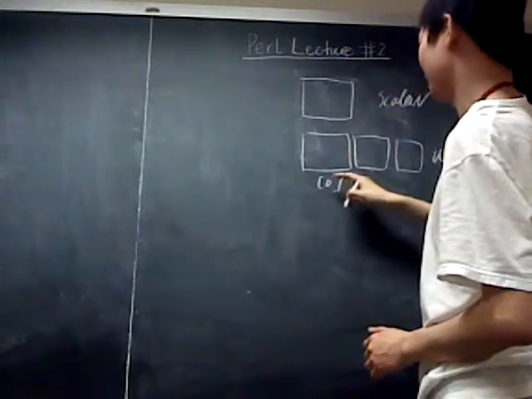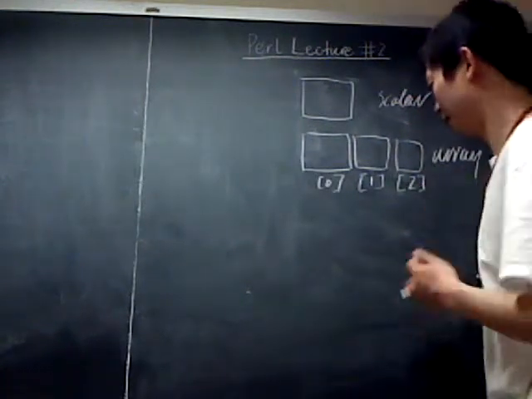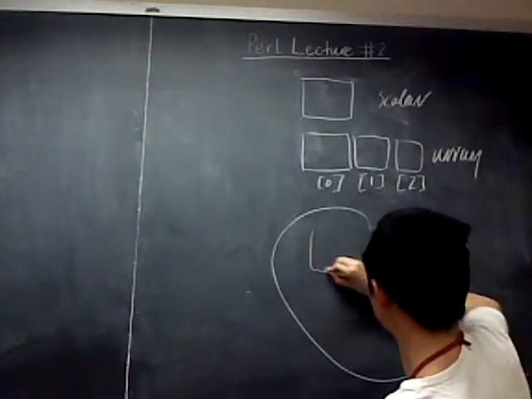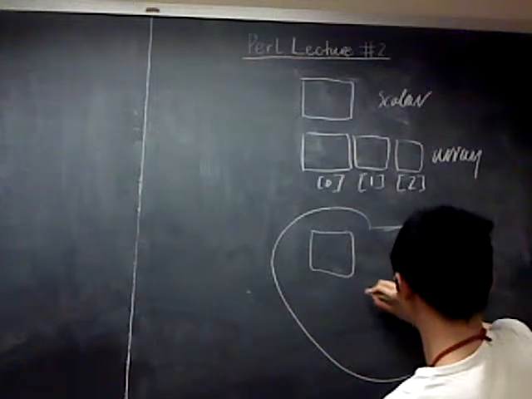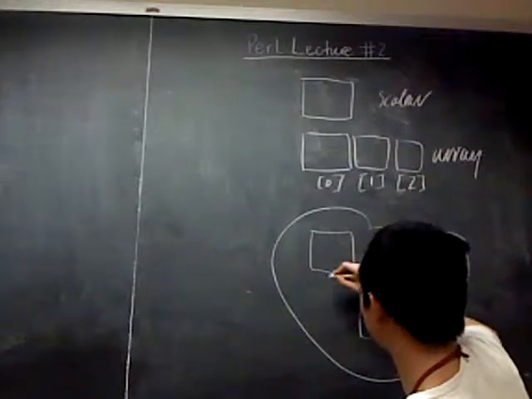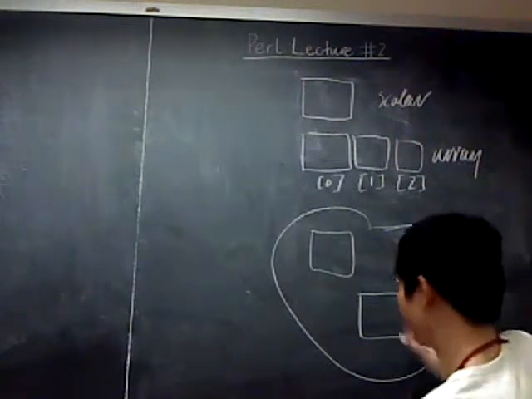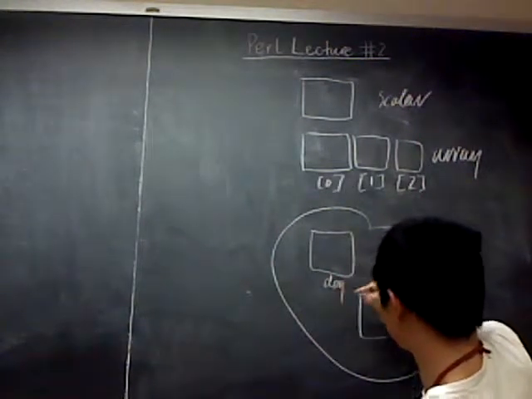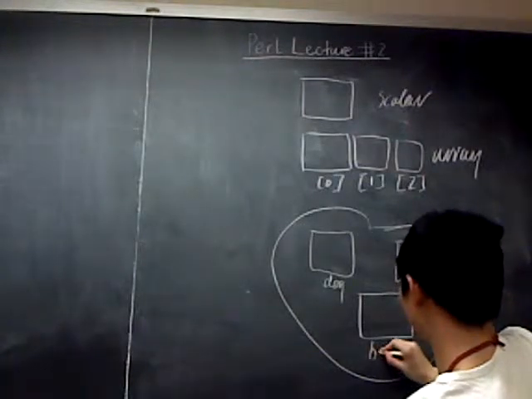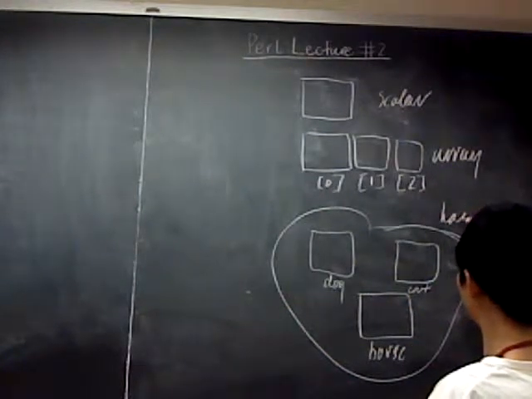And we index the array, right? 0, 1, 2, and here's a hash. Instead of index, we have keys, right? I'll just call this key, actually, dog, cat, horse. This is a hash, of course.